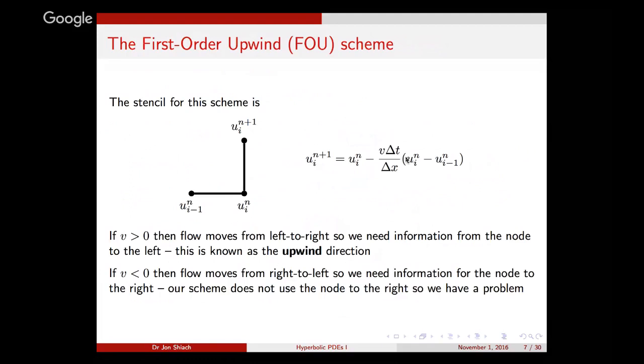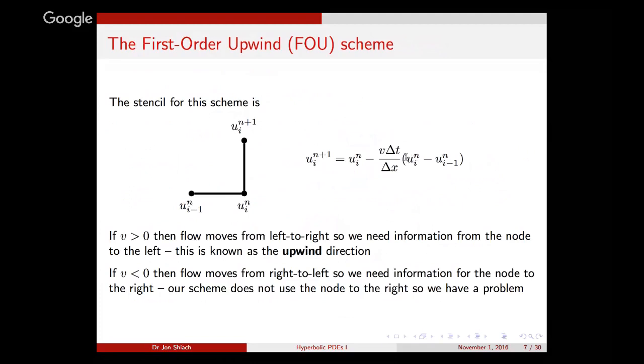Now if the velocity was negative, the change would be coming from the right. So we'd have something moving from the right, but as it stands, this scheme wouldn't see it coming, and it wouldn't be able to deal with it. Okay, so if the velocity was negative, we have a problem. We couldn't use this scheme here.